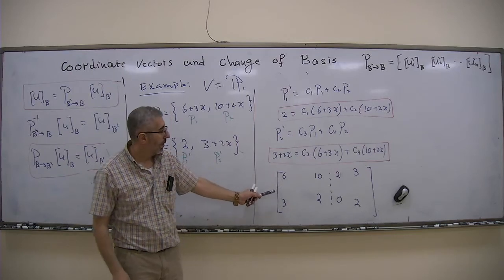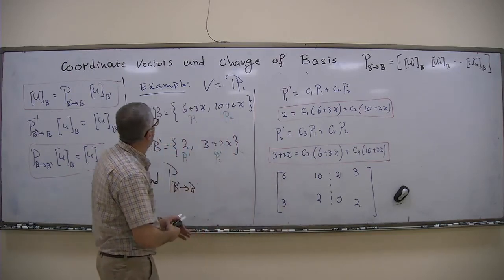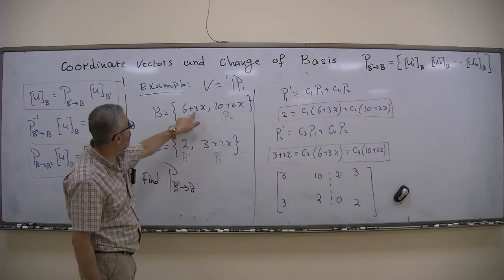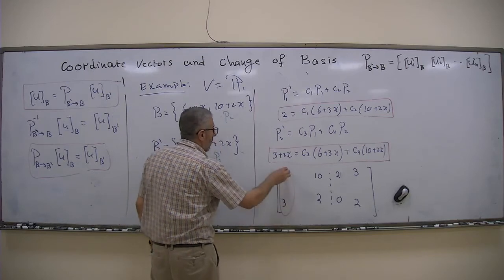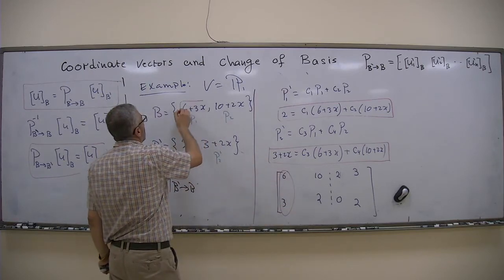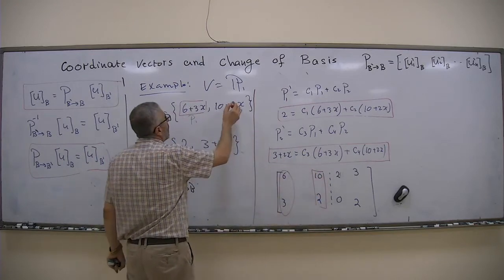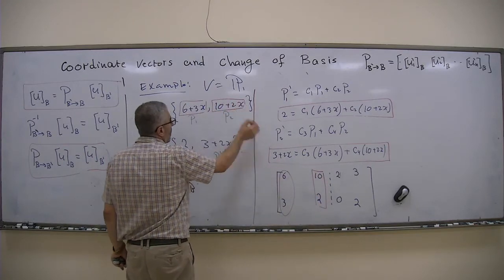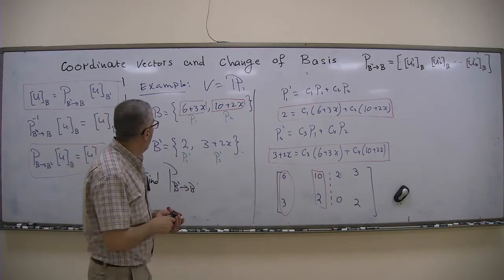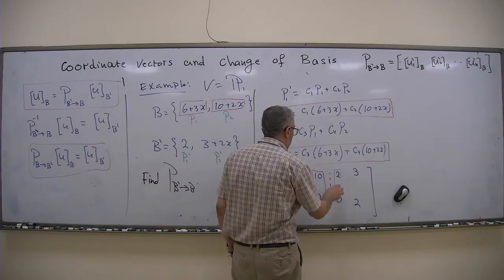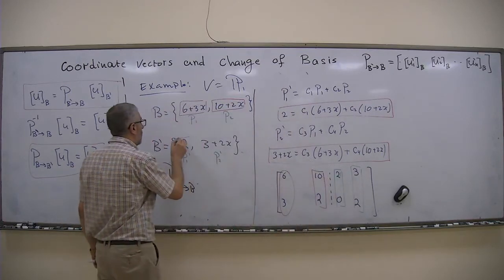Now, this you can think about it as what you have in your first basis, 6, 3. Look, this is coming from here, and this is coming from here. Now, this one and this one, they are coming from here and here.